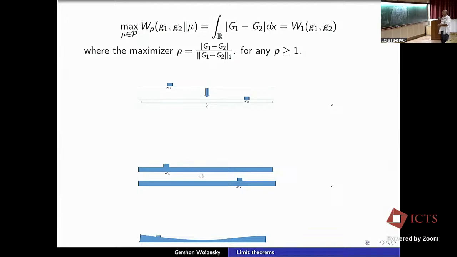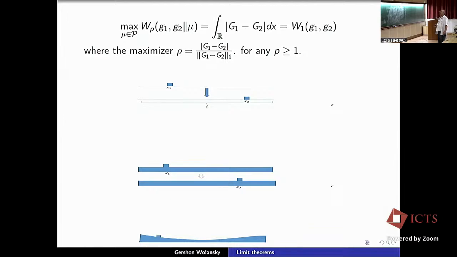So we make 1 over epsilon steps, and each one of them costs us epsilon to the power p. So we end up with a cost which is of order epsilon to the p, not epsilon. So this really makes the movement much easier.